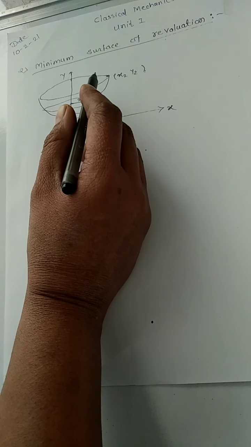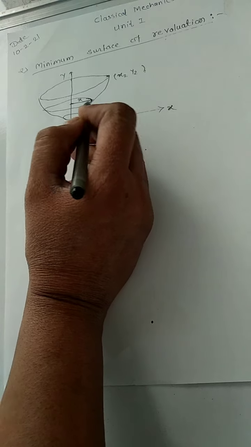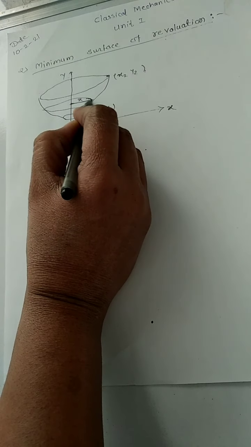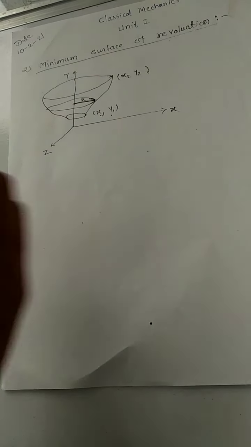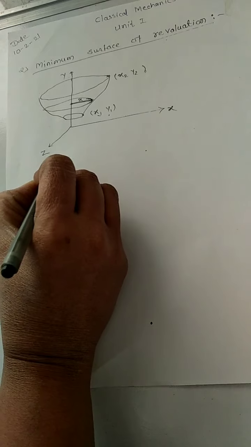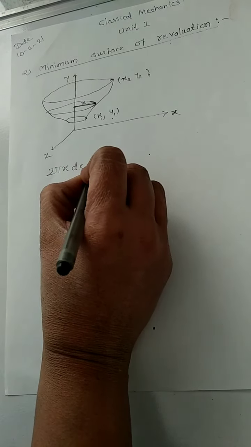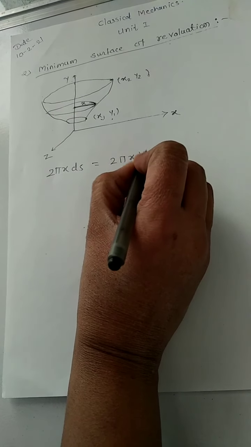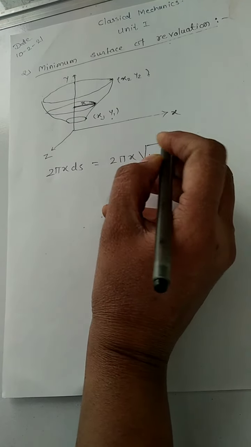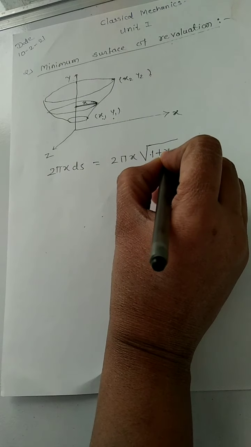The area of this strip of the surface is 2 pi x dx, and the value of dx is the shortest distance, that is square root of 1 plus y dot square.